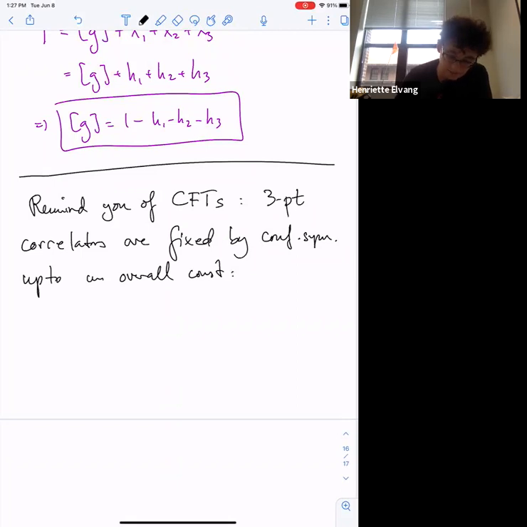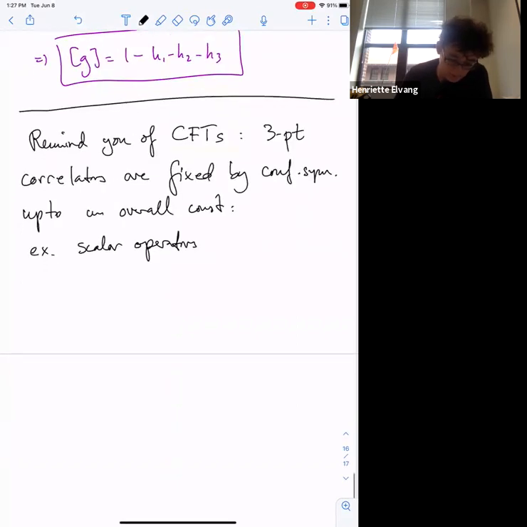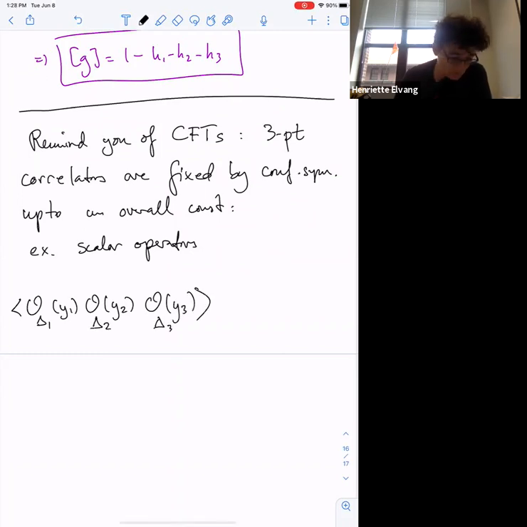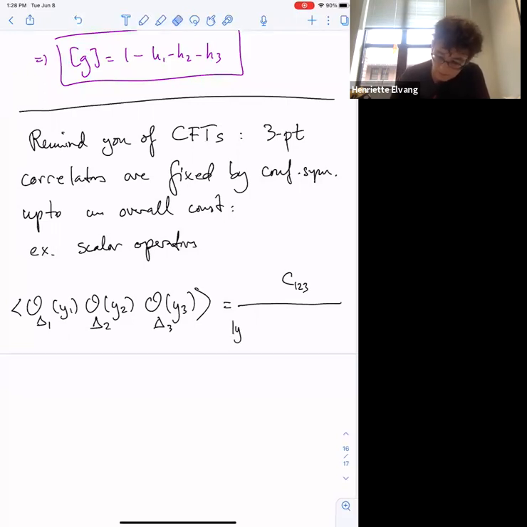And in particular, if I pick scalar operators, the result I'm referring to is that if I have a correlation function of scalar operators at some points of insertion, y1, y2, and y3, then this takes the form of some constant that is not determined by the symmetries here, times, maybe I should put this in a second line.